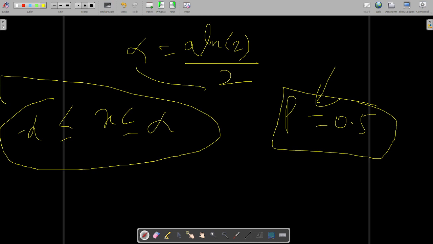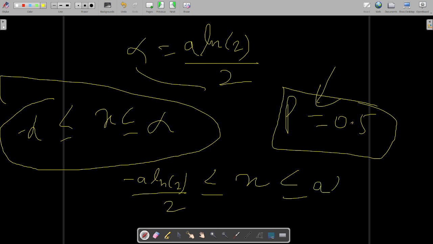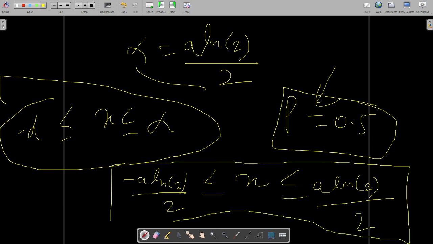That means x should lie between minus a ln 2 over 2 and a ln 2 over 2.